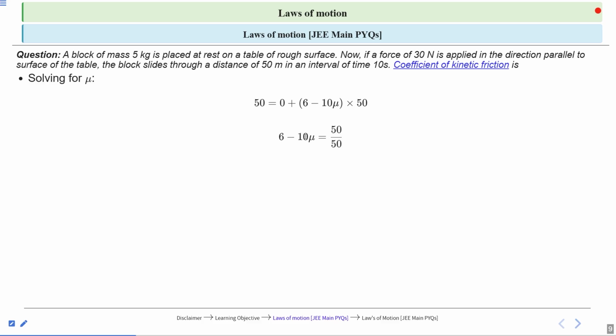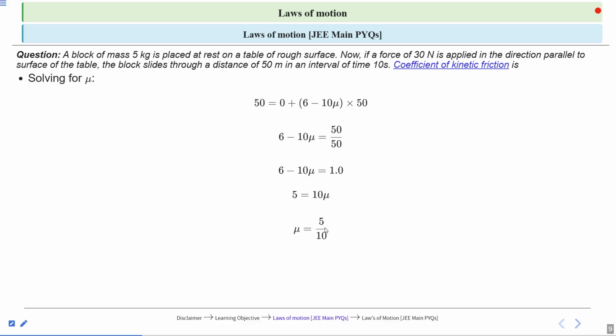So 6 minus 10 mu is equal to 50 by 50, where 50 comes in the denominator. So 6 minus 10 mu equals 1. 6 minus 1 is 5, so 5 equals 10 mu. So mu equals 5 by 10.